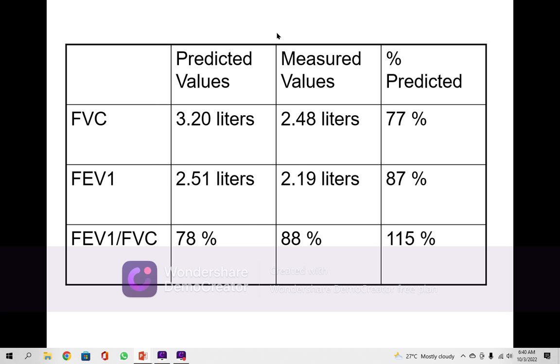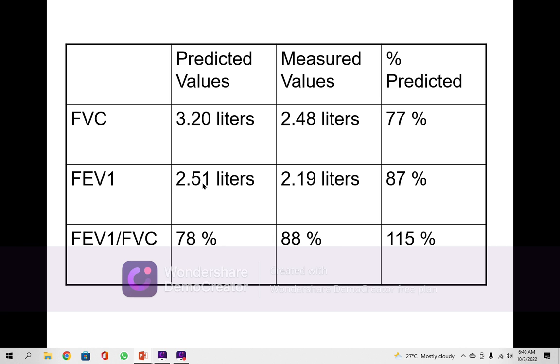Now another person has a vital capacity predicted 3.20 liters, with measured value 2.48. The percentage prediction is 77%. What is normal? 70 to 120%. So it is on the normal side, satisfactory.